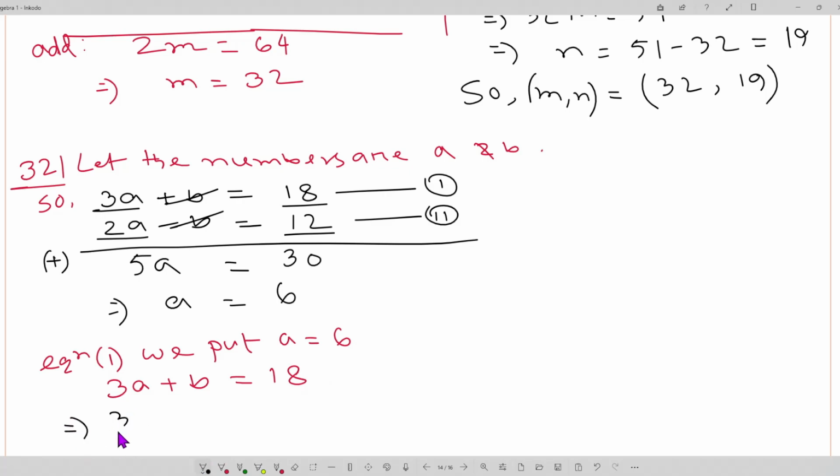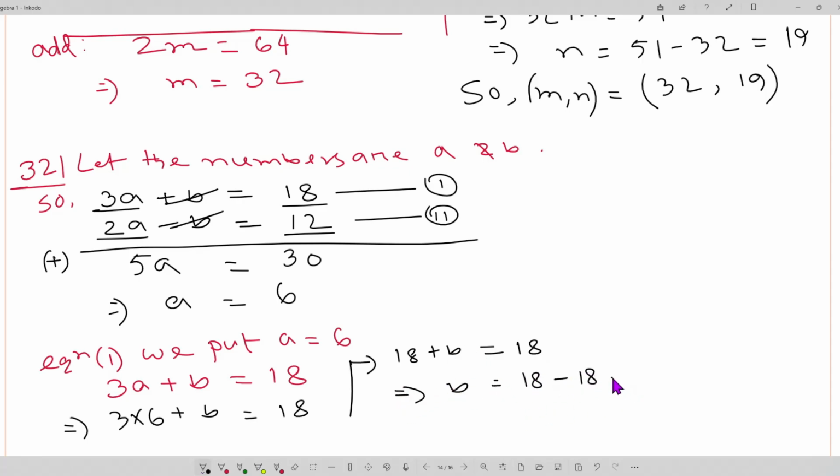Then 3 times 6 is 18 plus b equals 18. Now b equals 18 minus 18, which is 0. So a is 6 and b is 0, and this is our answer.